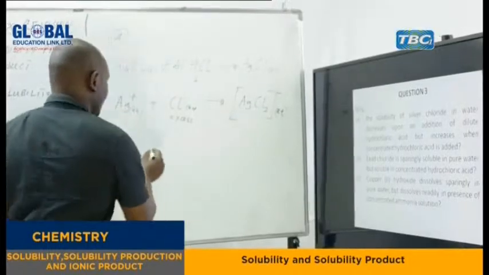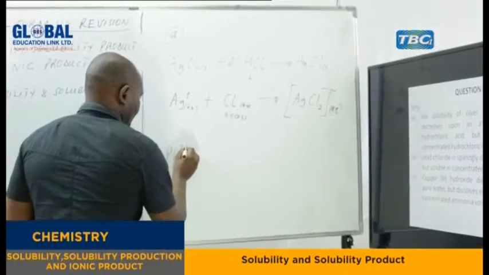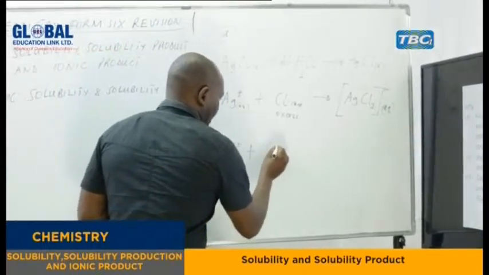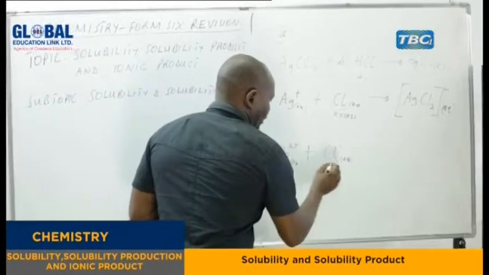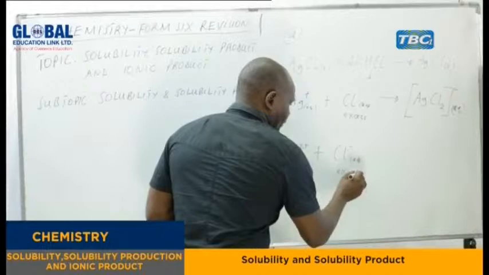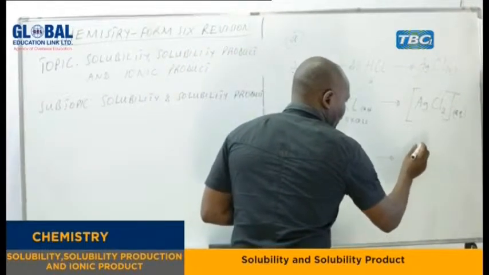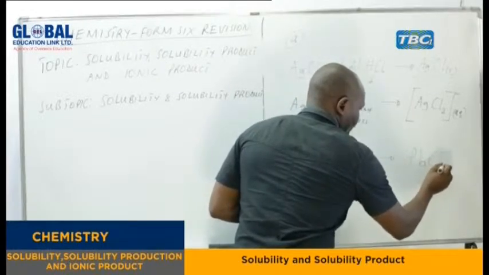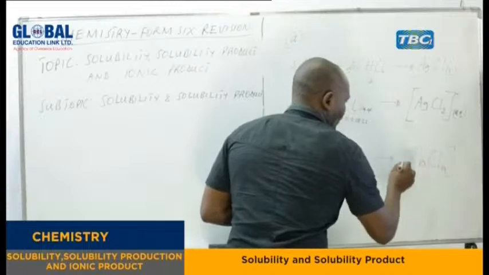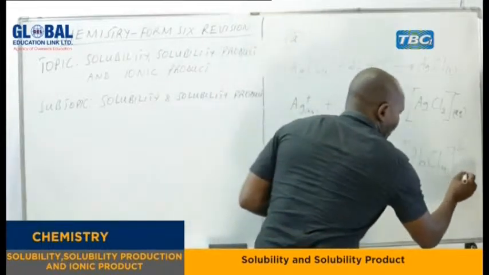So here, the lead ions will react with chloride ions, which are in excess, and they lead to formation of a complex compound of lead, which is aqueous.